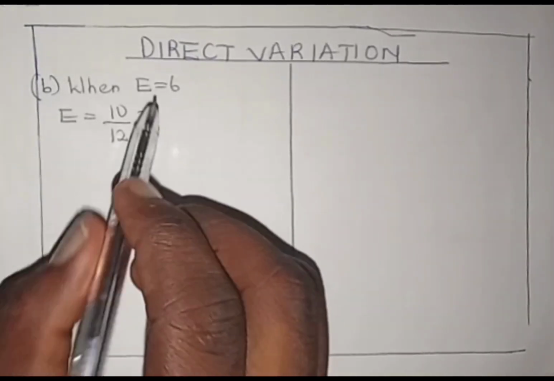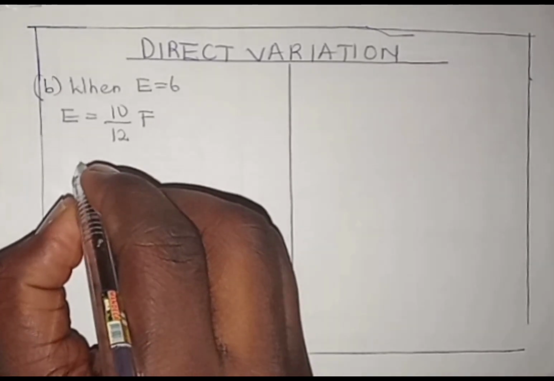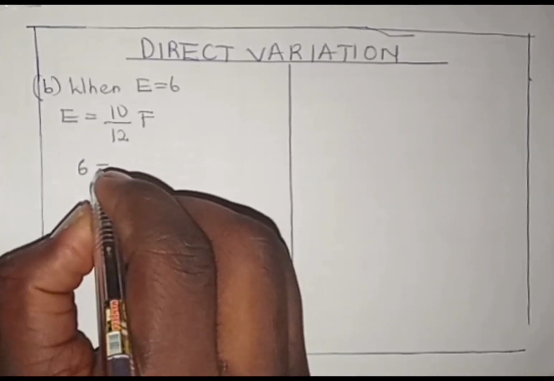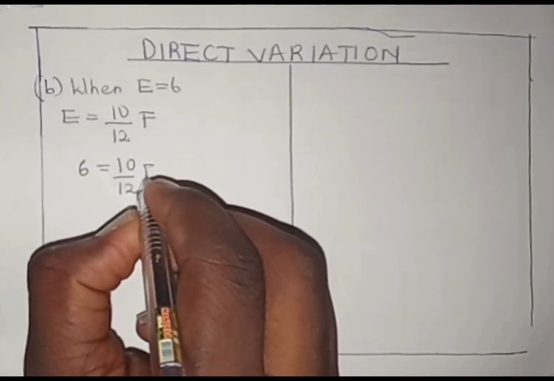So where we see E, we substitute it with 6, which will give us 6 is equal to 10 all over 12 F.